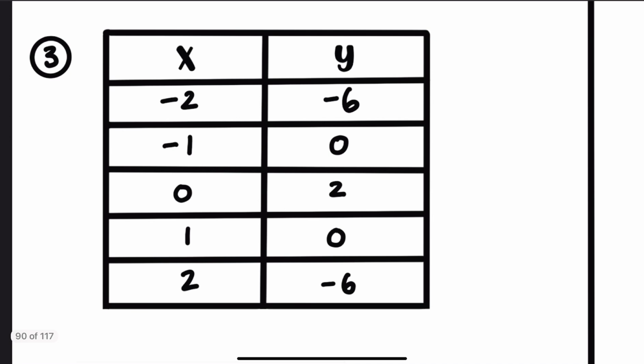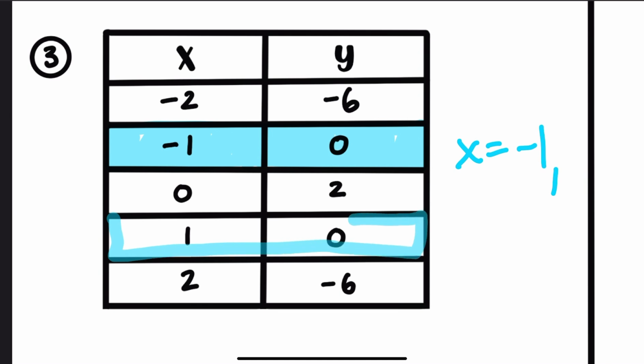Let's try number 3. Number 3 has, I'm looking at 2 of these again. I see right here, we have y as a 0. So I know that my first x-intercept is going to be x equals -1. And let's see, looking at another one right here, because my y is equal to 0, I have another at +1.